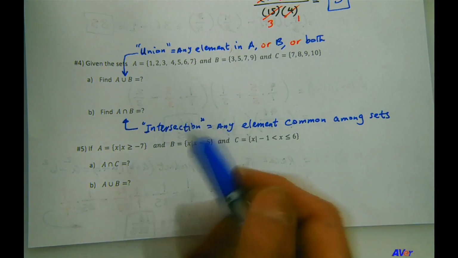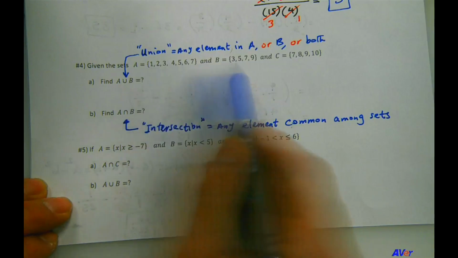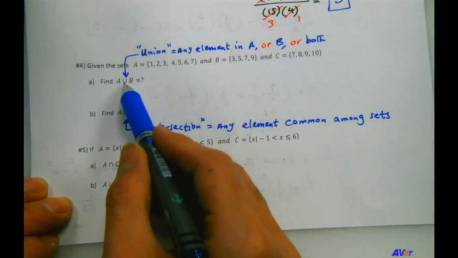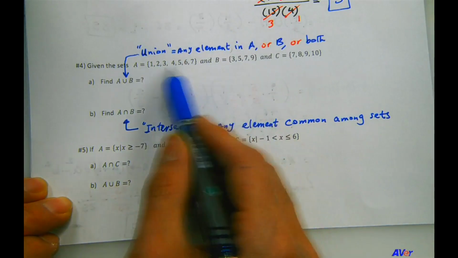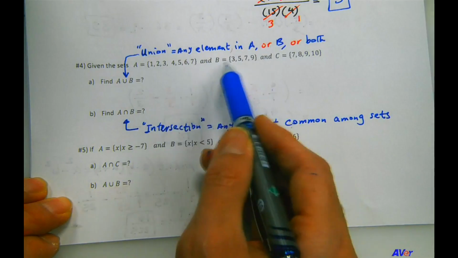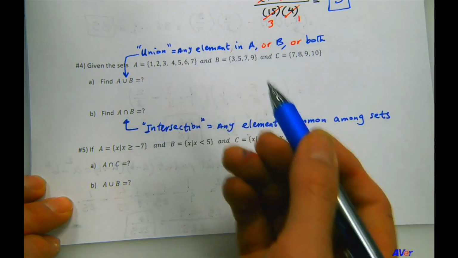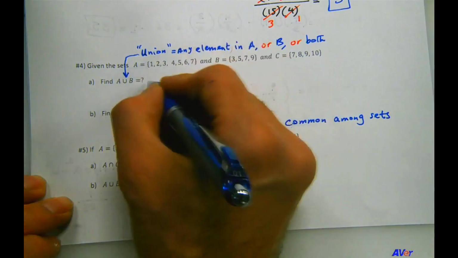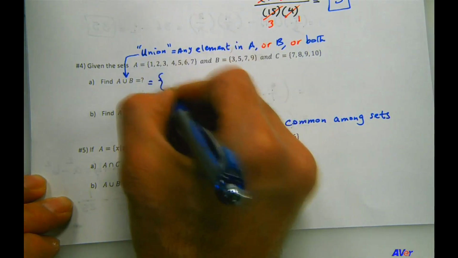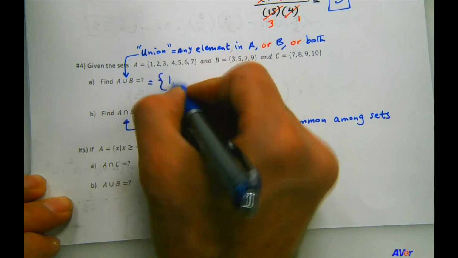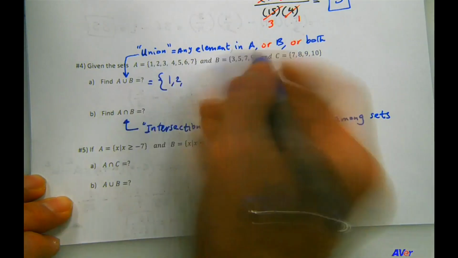So we are given the 3 sets, A, B, and C. So A union B means anything that is part of A or B or both. So that's everything. Another way of saying everything is the union. So A union B is a new set, and it's got everything in A and B basically.